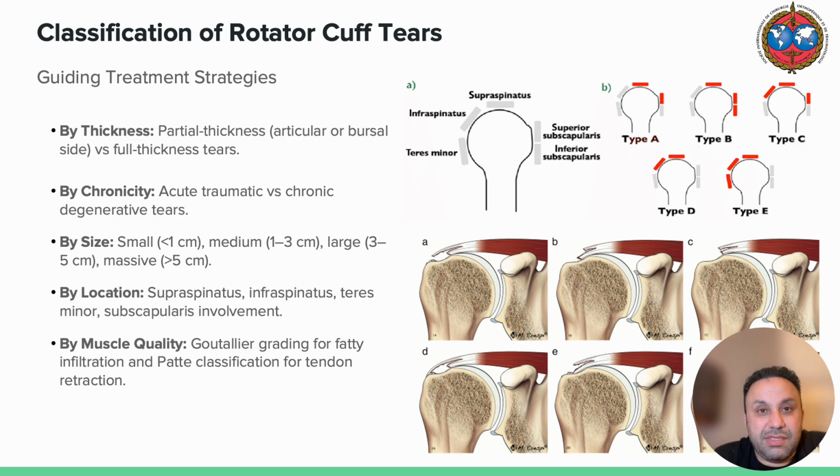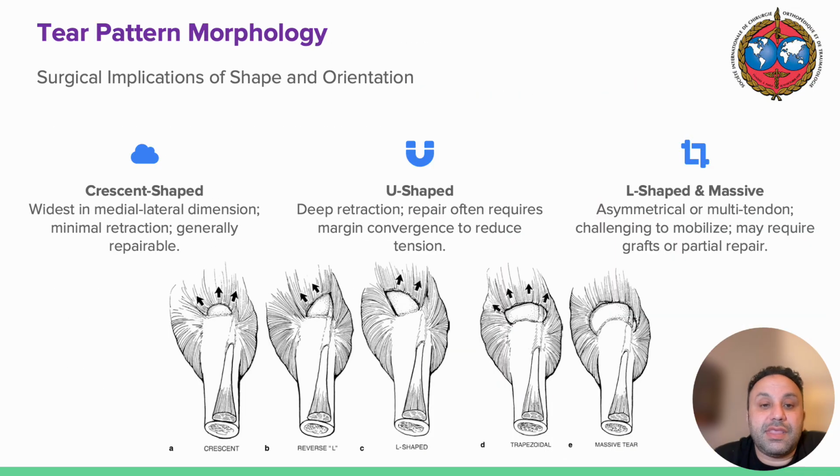Classification systems are essentially good for guiding treatment. Tests can, as we mentioned, be categorized, and there are different ways of categorization. Muscle quality is possibly the most important because that can detect the repairability of the tendon and what we need to do.